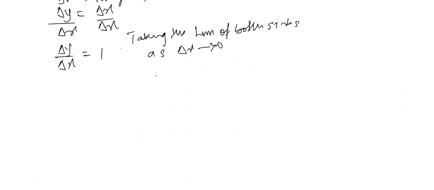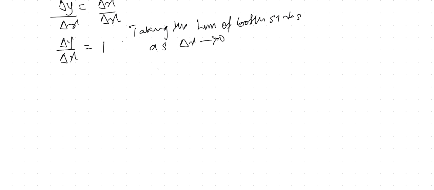If you take the limit, it's going to be the limit of change in y over change in x as change in x approaches 0, which is equal to the limit of 1 as change in x approaches 0.